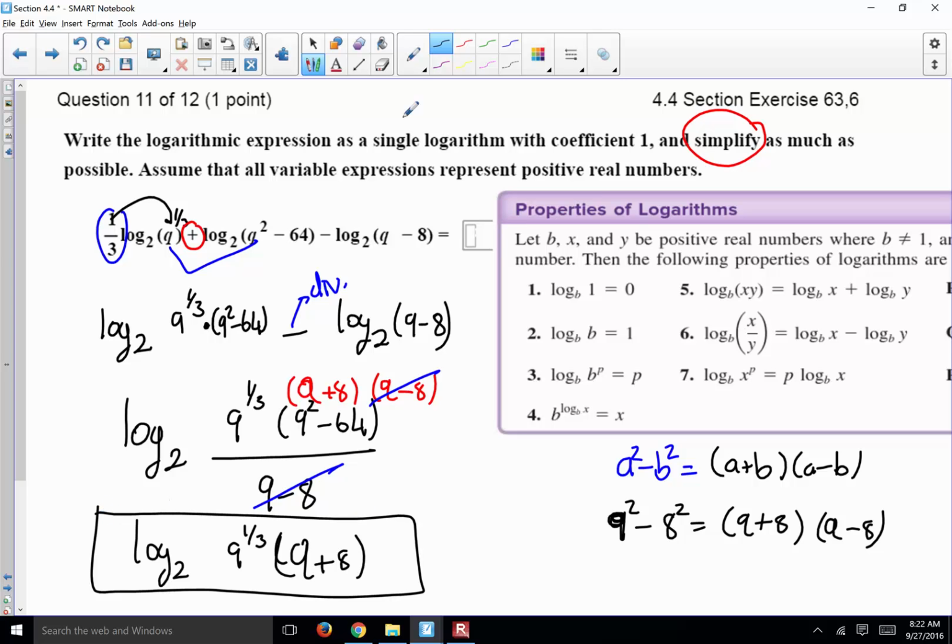Okay? If you wish, you can turn this into cube root. That's cube root, right? Agree? Any questions?